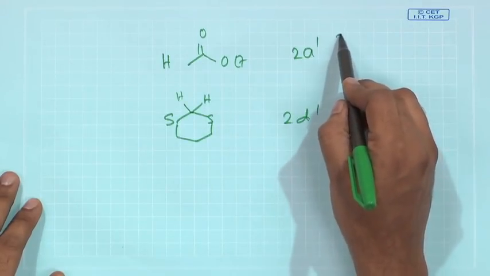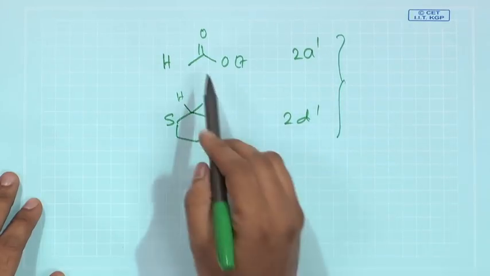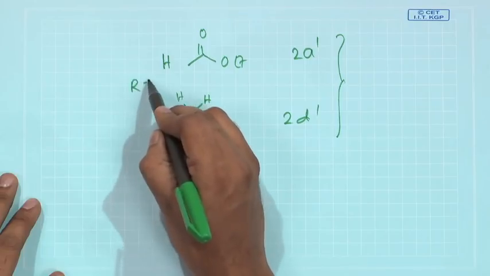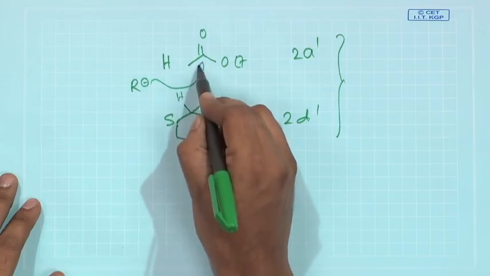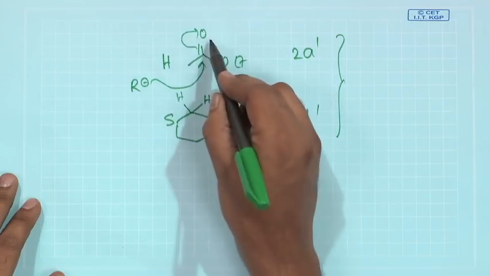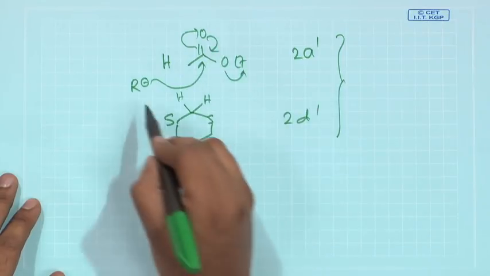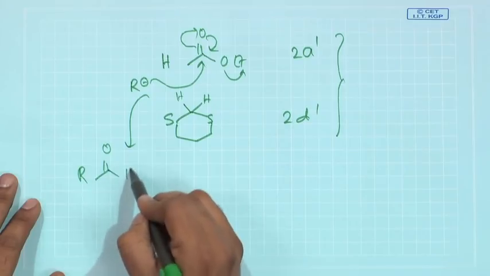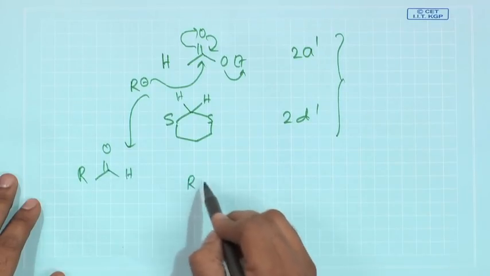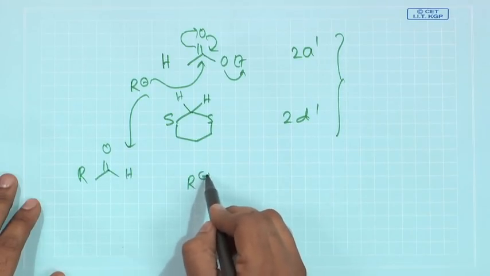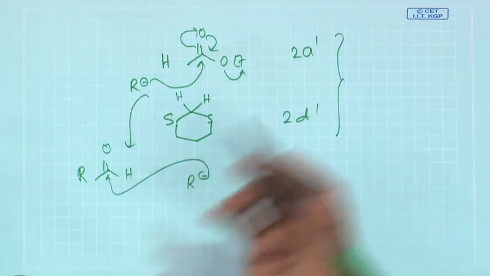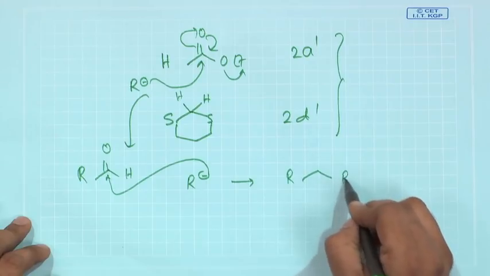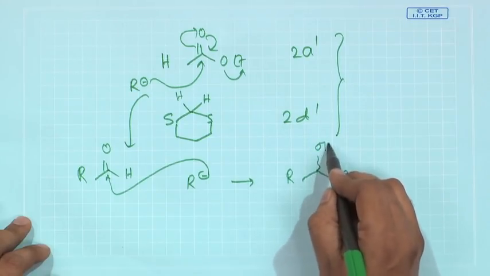Now this can act as a 2A1. This is also a nice demonstration of synthetic equivalence. Ethyl formate can react with a nucleophilic species this way, and it will give you RCHO. Now another equivalent of Grignard or any nucleophilic species comes here, and you can finally get the corresponding alcohol.